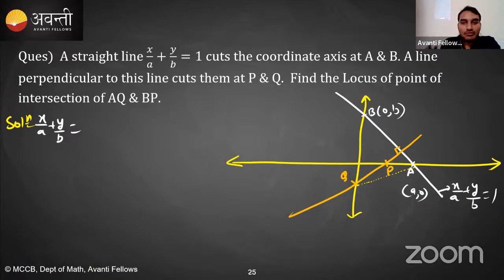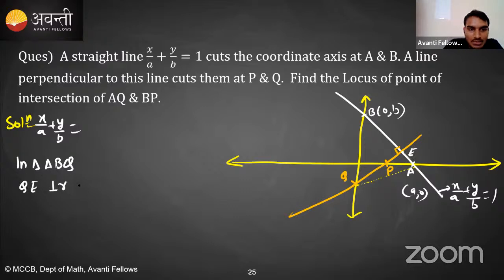चलो. So first of all, students, tell me, if you observe in triangle ABQ, this triangle ABQ, okay. So let's call this point E. So QE is perpendicular to AB.